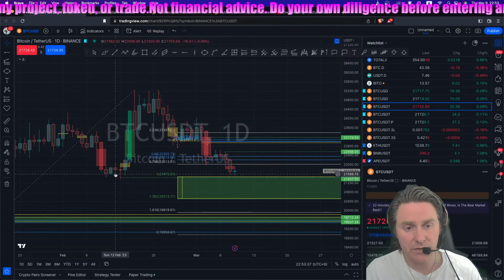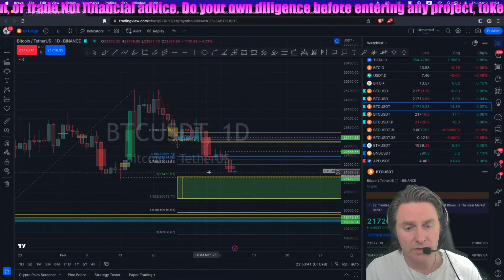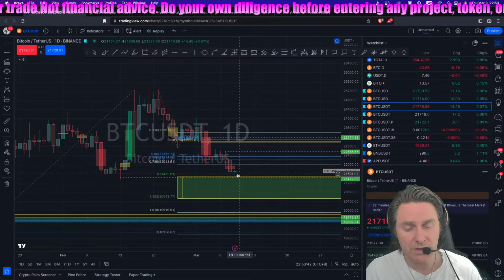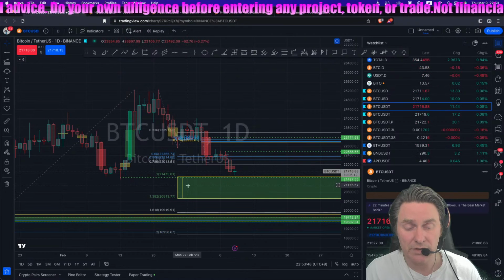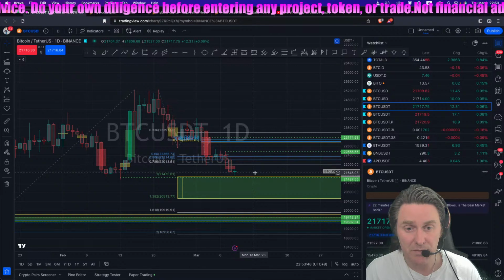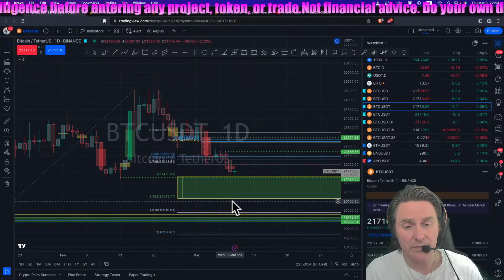And so if we start to break below this 21.475 region, then the sentiment would be to eat up that liquidity all the way down to here, perhaps, or you look for the bounce at that point.